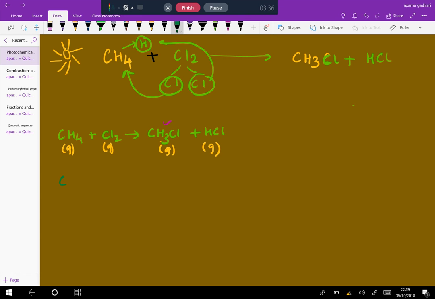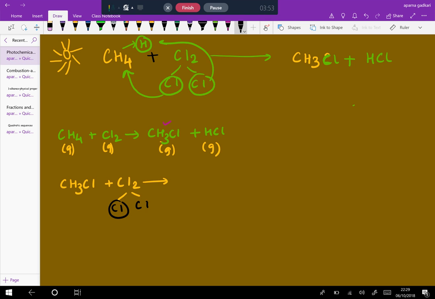So you have CH3Cl. This CH3Cl will enter into more reactions with Cl2. Again the same thing will happen. This Cl2 has got two chlorines.